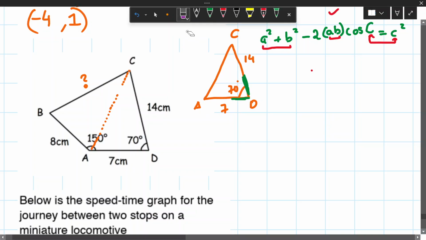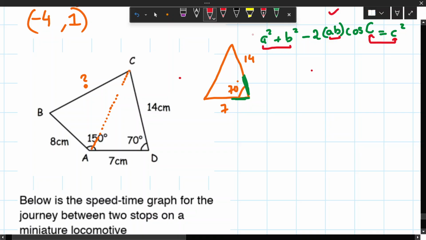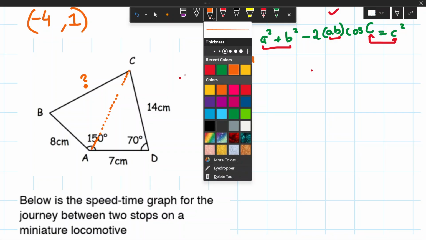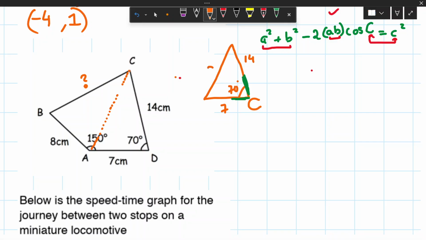Now the next thing that we're going to do is I'm going to rename the sides, because this is my triangle. I can rename it my way. Because of the formula that I have memorized, or I tend to use, my angle, I prefer it always to be C. So that means this would be my lowercase c, and I'm going to call this one A, this one B. So this would be lowercase a, and this one would be lowercase b.